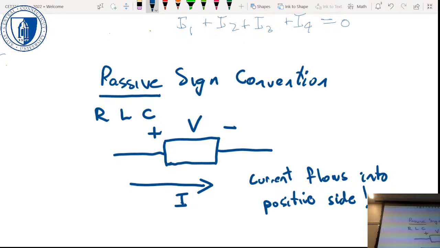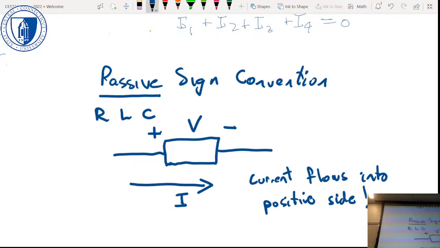is that if you have a passive device following the passive sign convention, then P equals VI tells you the power dissipated in the device. Remember, an active device will generate power. It will provide power.